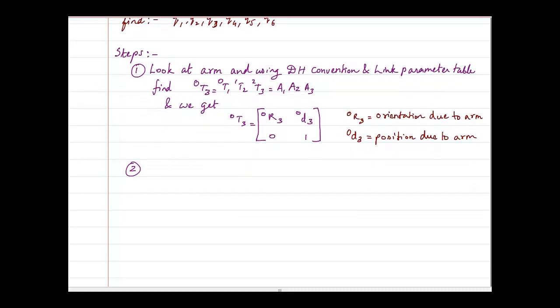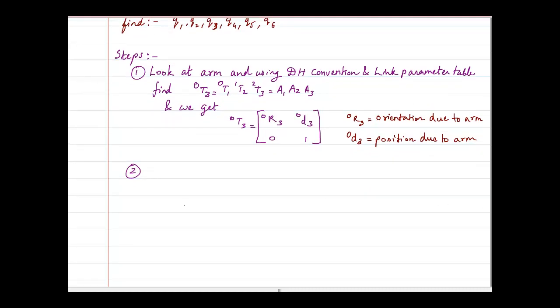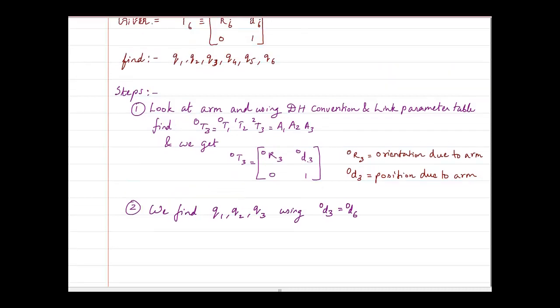Using this we find Q1, Q2, Q3 using the equation: take 0D3 that we found out here in step 1 and equate it with 0D6, which we have been given in this problem.